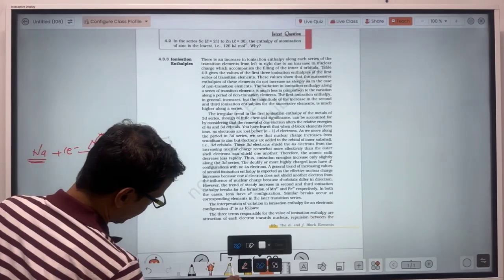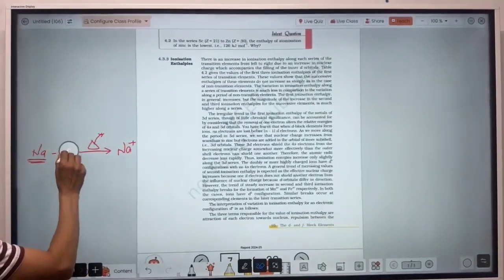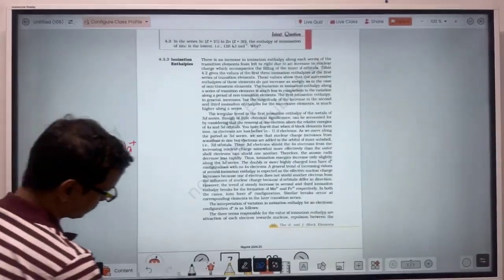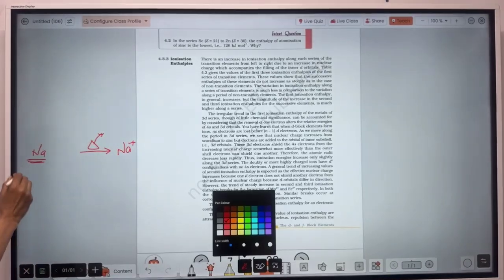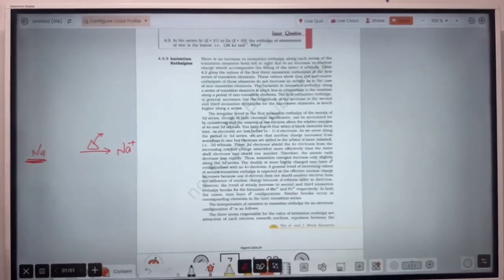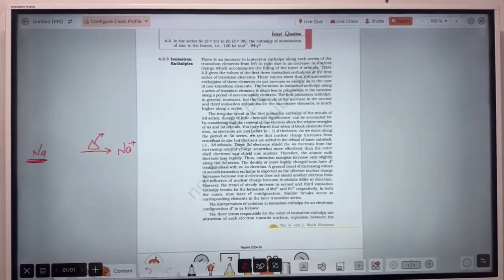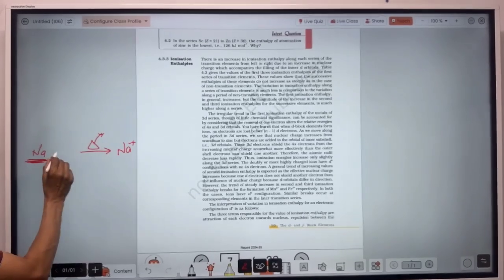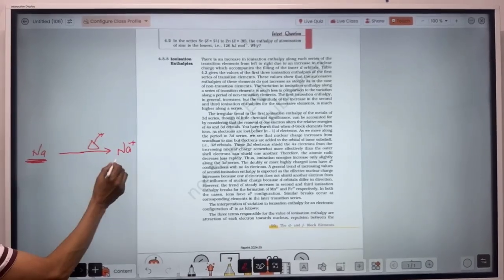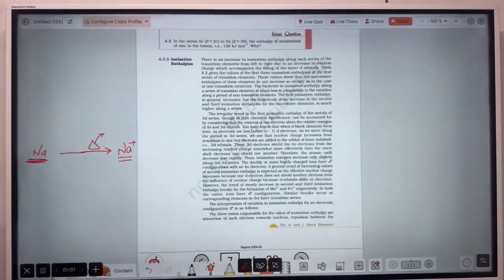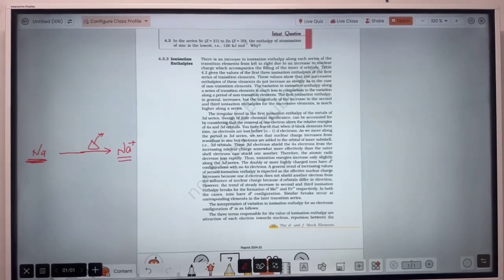How much energy will we have to provide so that the isolated gaseous atom of sodium will release the electron?